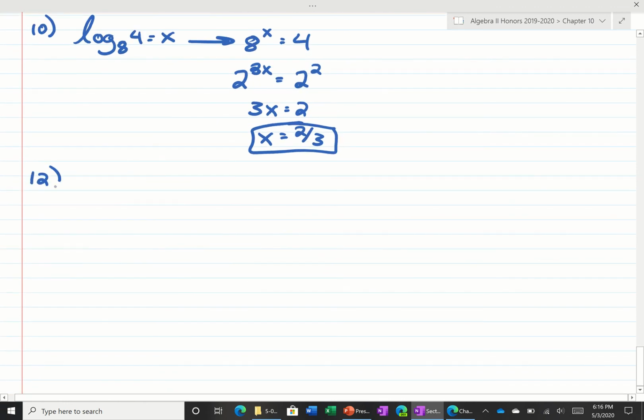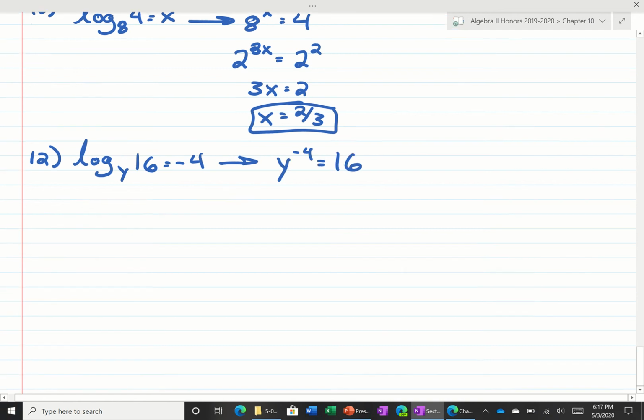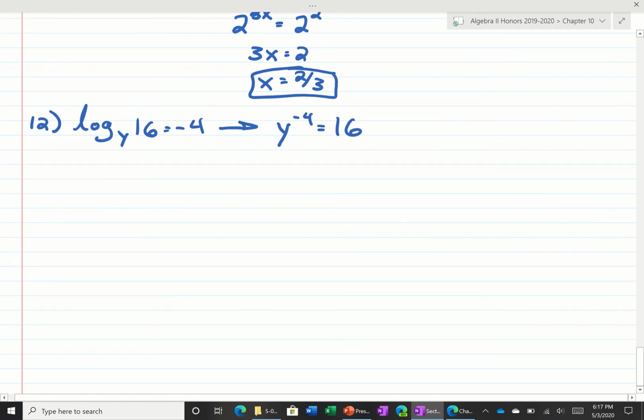Number 12, we're looking to solve them. So the log base y of 16 is equal to -4. So translation property, y to the -4th is equal to 16. Well, one thing that we could do here is write this as 1 over y to the 4th equals 16 over 1, and then just cross multiply.